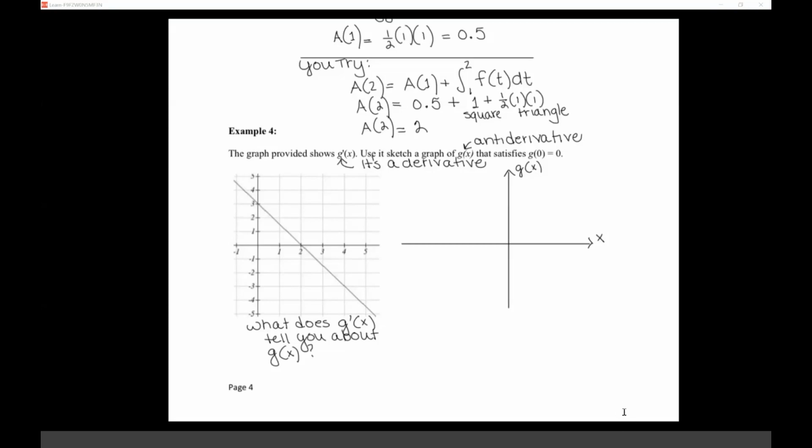What does the graph tell you about the function that has this as its derivative? Anybody have any ideas?